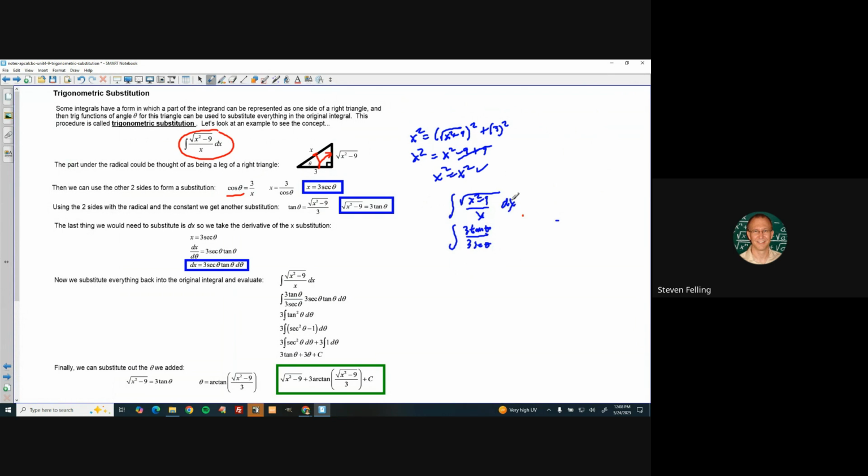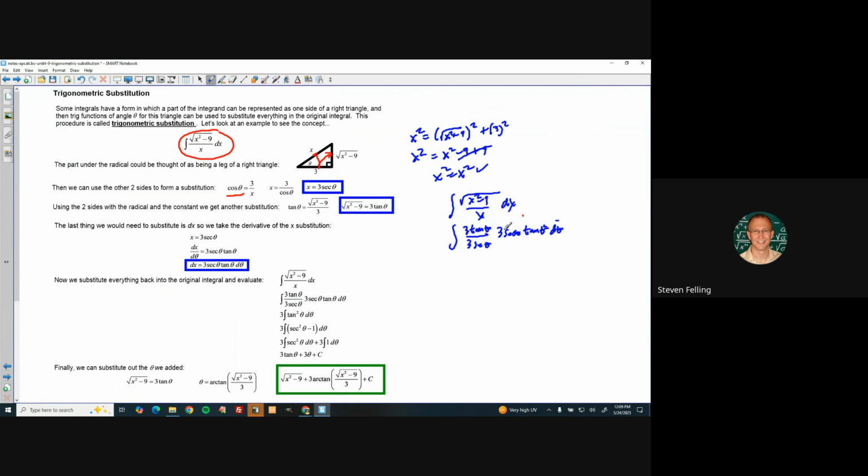But for the dx, I need to take this part of the toolkit, this x is equal to 3 secant of theta, and take the derivative. So the derivative of x with respect to theta is 3 times the derivative of secant, which is secant times tangent, which means that this dx gets replaced with 3 secant theta tangent theta d theta, which at first looks pretty bad, like it's going the wrong direction, getting more difficult.